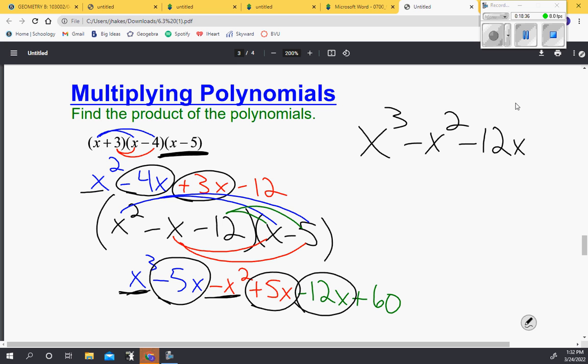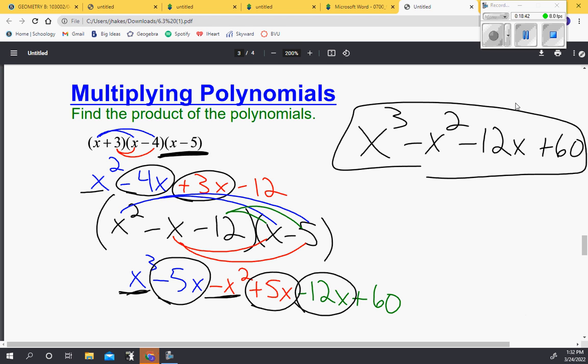And then lastly, this positive 60 at the end. The final answer. Okay, so start with just the two parentheses and then multiply, combine like terms, and then multiply your final answer there with the other last parenthesis.